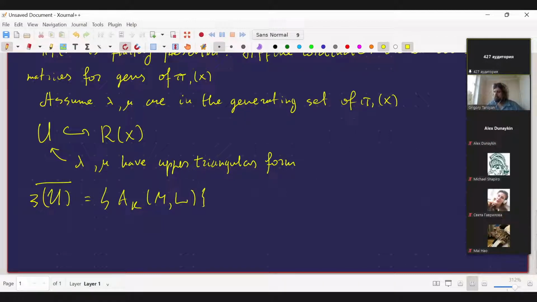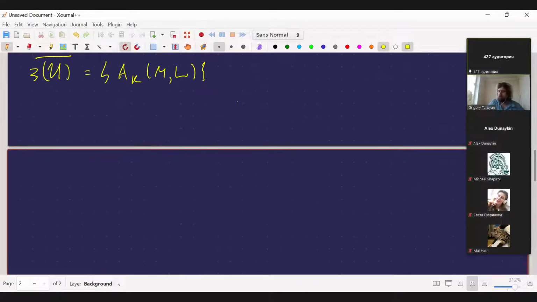Now I want to give a specific example of computation of the A polynomial for a two-bridge knot. Well, for any two-bridge knot. For two-bridge knots, we have a presentation of the fundamental group like this, where W is a certain word.